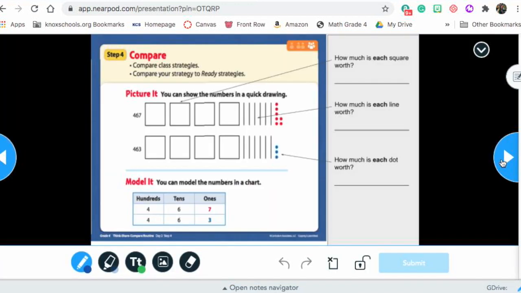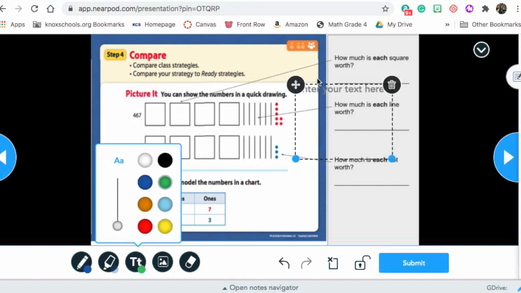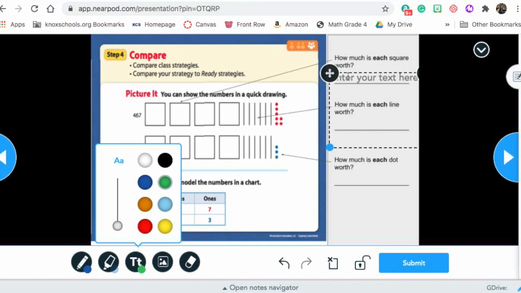All right, so then you just move on next, and it says, how much is each square worth? Well, I know that a square when I'm using base 10 blocks is each worth 100. So I'm going to use my text tool here, and I'm going to drag my text box over to where I want it, and I'm going to say each one of those squares is worth 100.